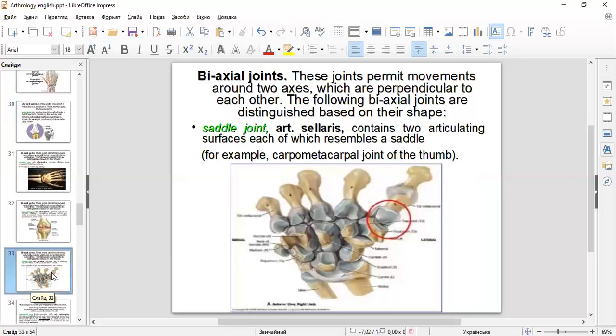Saddle joint, articulatio sellaris, contains two articulating surfaces, each of which resembles a saddle. For example, the carpometacarpal joint of the thumb.